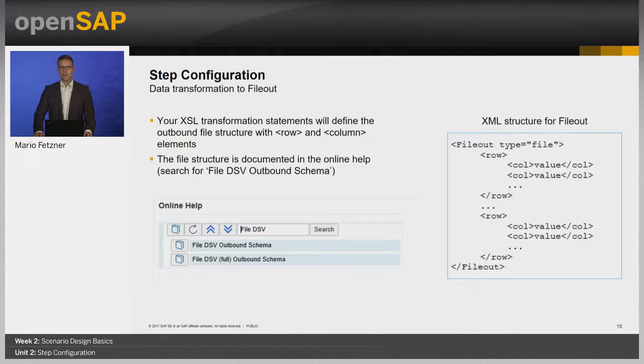This scenario has an outbound flat file, so that needs to be declared in the data transformation using the fileout type file text. All outbound structures are documented in the online help, and you can search for the schemas. The fileout structure includes row and column tags. The XSL for-each statement grabs every row from the SQL call.